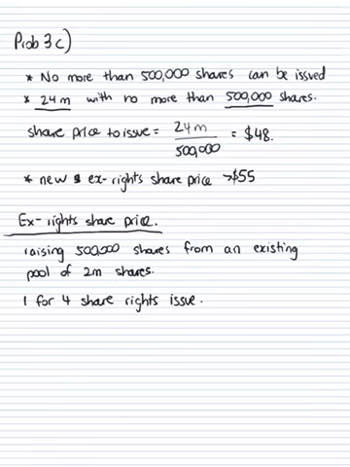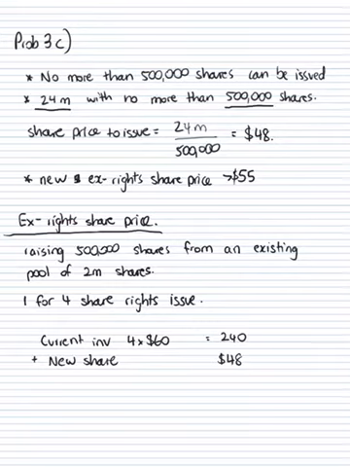So it will be my current investment, which is 4 times the current share price of 60, which is 240, plus that one new share. So that one new share we were going to issue for $48. So that gives me a total investment of $288.